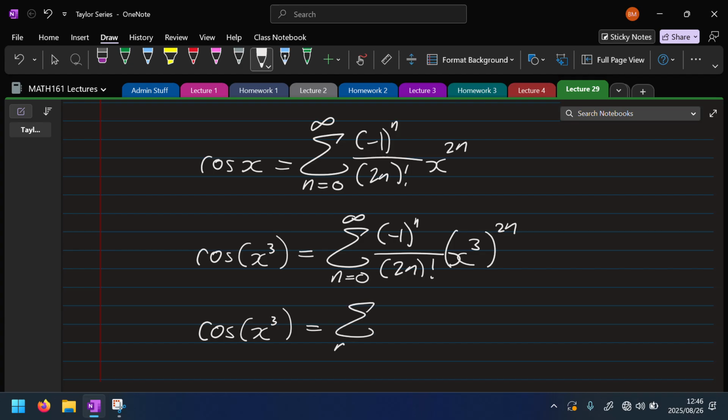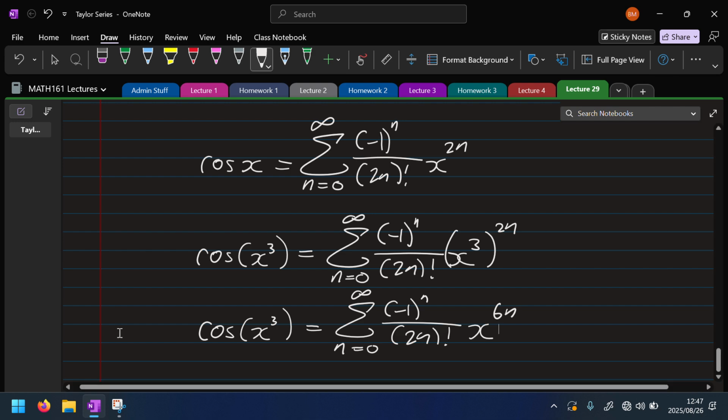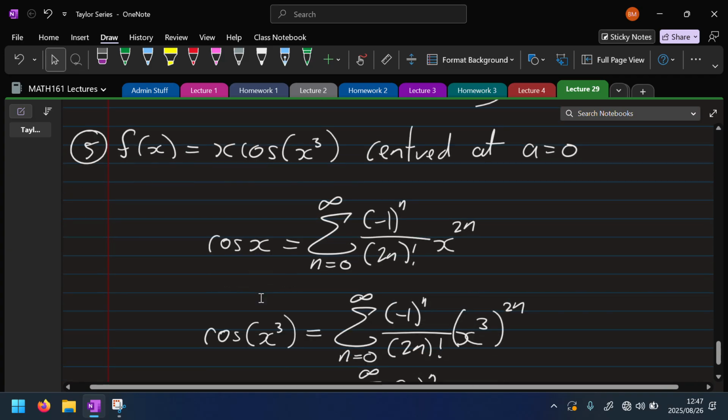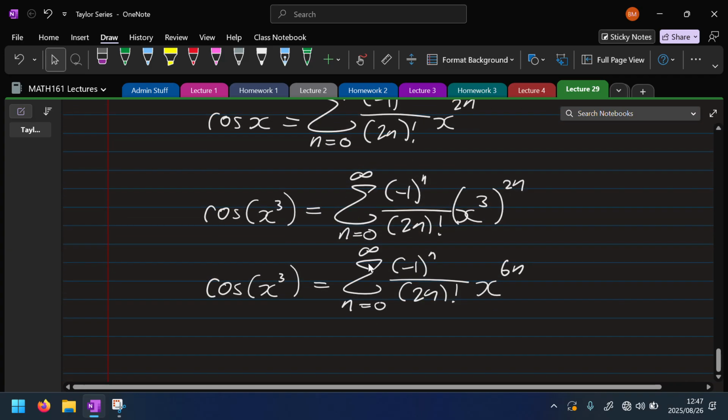So this will be the sum, n equals 0 to infinity, minus 1 to the n, over 2n factorial, x to the 6n. That's fine, but we're missing this x in the front. So let's multiply both sides by x.